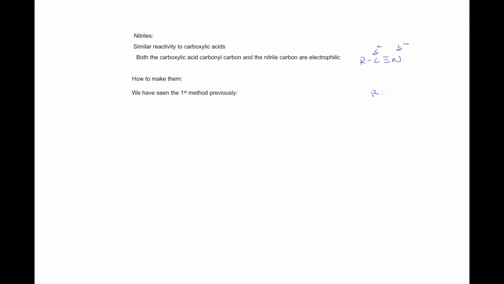So you see that the carbon of the nitrile has that partial positive charge, just like when we look at, say, a carboxylic acid. We, of course, have that partial positive charge on the carbonyl carbon. And so we can see that in both cases, the nucleophile is going to add to the carbonyl carbon or the nitrile carbon.